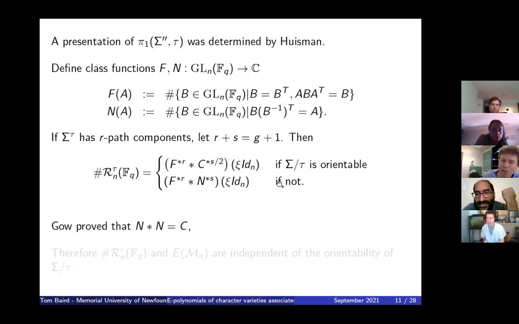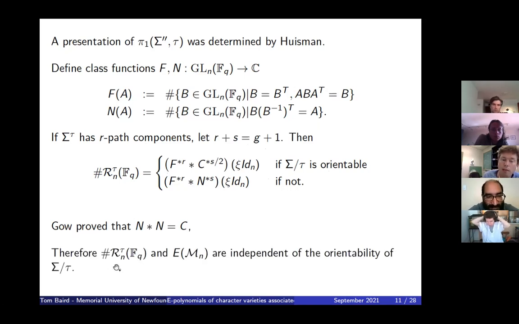From the presentation, this is what you get, but in fact, through a theorem, the formula doesn't depend on whether the orbit space is orientable or not. It only depends on the genus and the number of path components. So the point count, and consequently the E-polynomial, is independent of the orientability of this orbit space, which is interesting because the topology does depend on the orientability.